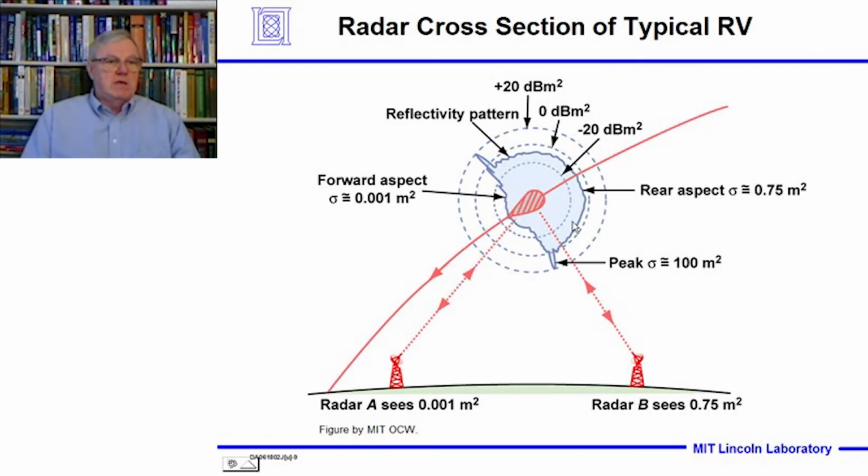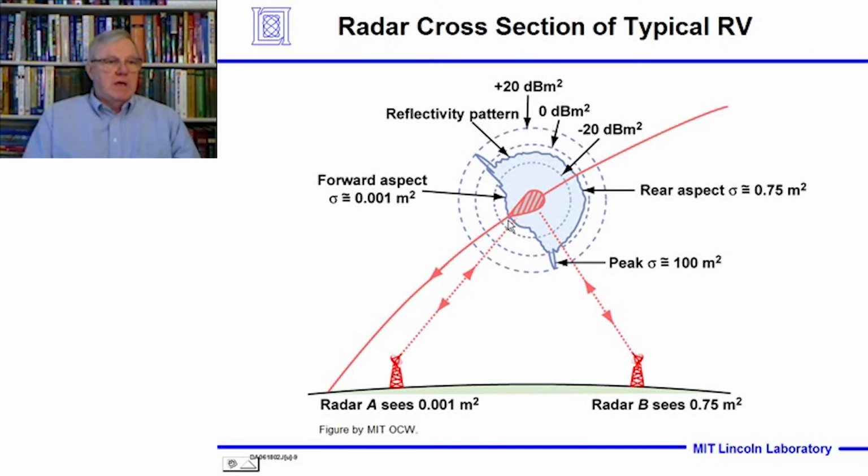And here we see this blue line and this polar plot is the radar cross-section of it. And here's the trajectory of that reentry vehicle sort of coming in. In the forward direction, the cross-section that you see is 1,000th of a meter squared. Wow, very, very small.